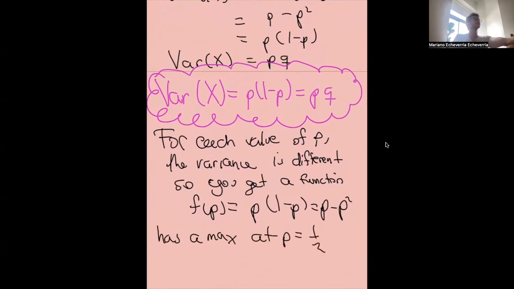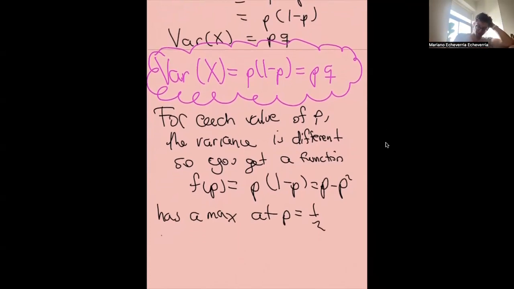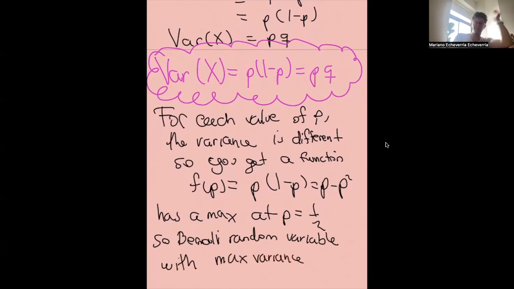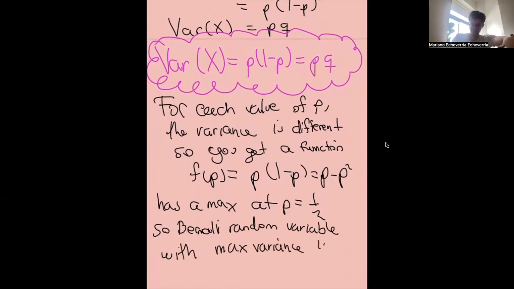So what this is saying is that the Bernoulli random variable with largest variance is when the outcomes are equally likely. So the Bernoulli with maximum variance is the fair case, where p equals q equals 1/2.